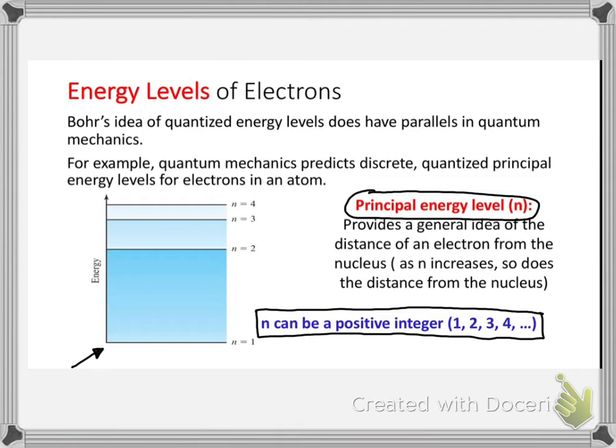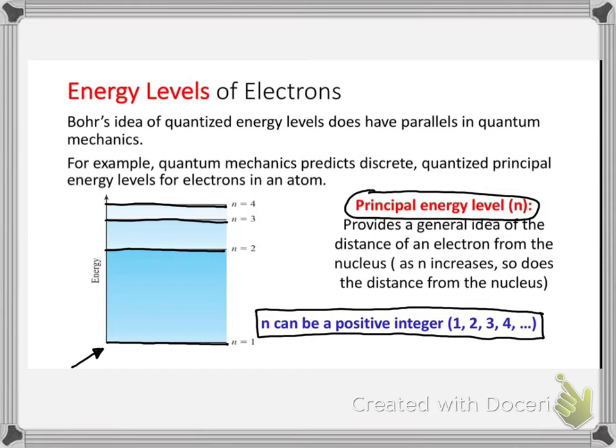The closest to the nucleus would be level 1, then level 2, then level 3. Notice they get closer together, which is part of the math. Then level 4. The energy level indicates how far away from the nucleus that electron is. So the higher the energy level, the farther away the electron is from the nucleus.